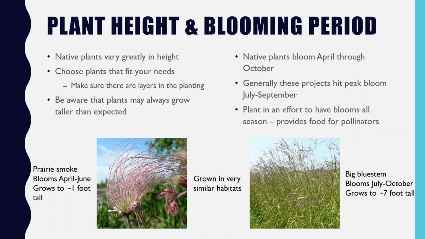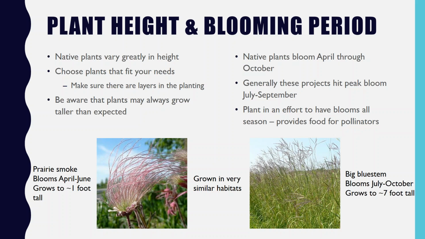So you also need to be aware that plants may grow taller than expected. If a plant says that it's going to grow 1 to 3 feet, you might get 4 feet. Or if something says it's going to grow 5 feet, you may get 7 feet. They're native plants. If they're happy where they are, they're going to grow.